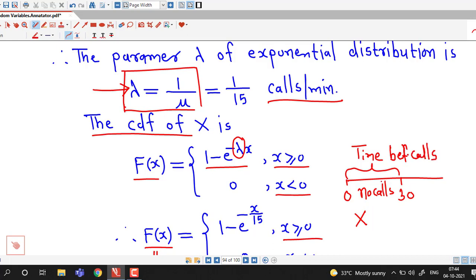So if the value of X is more than 30 minutes, then there will be no calls in this 30-minute interval. So the event that there are no calls in this 30-minute interval is equivalent to the event that time between calls is more than 30 minutes.